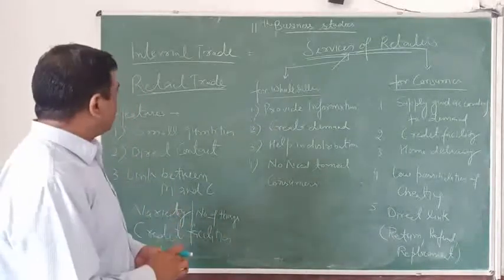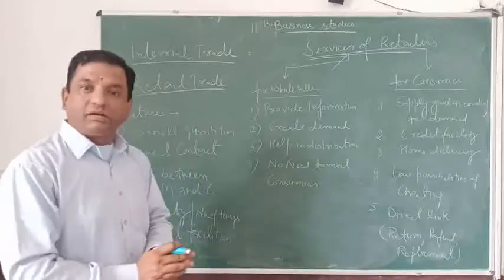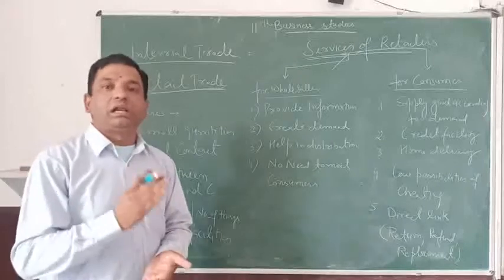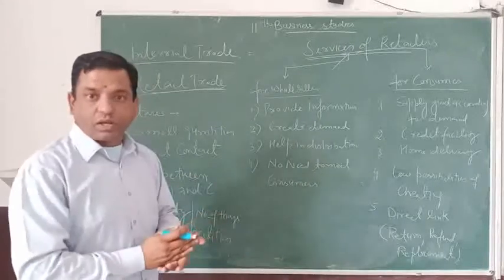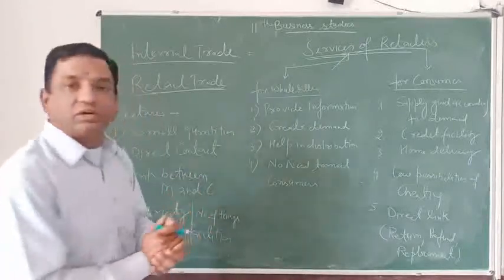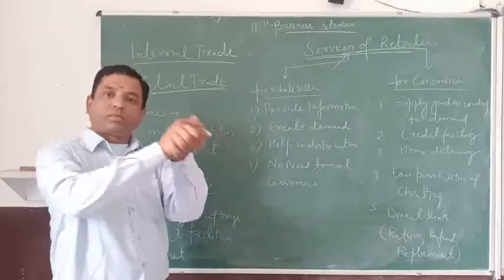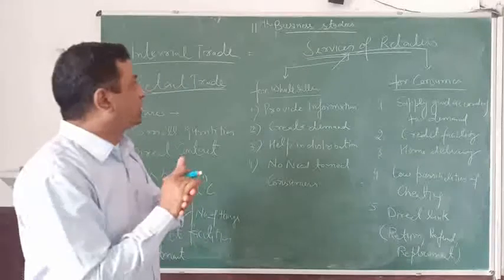He deals in small quantity as compared to the wholesaler, and he is the link between wholesaler and the consumer. Actually, there is a chain of physical distribution of the goods: manufacturer, wholesaler, retailer, then comes the consumer.